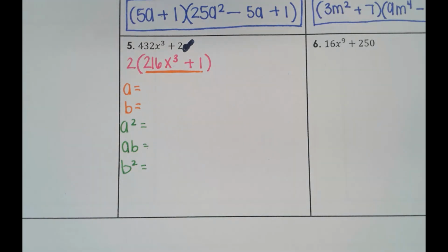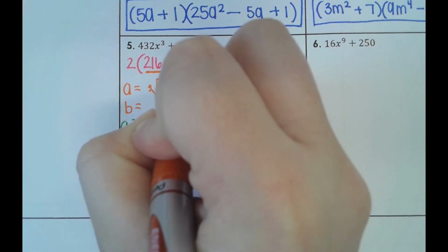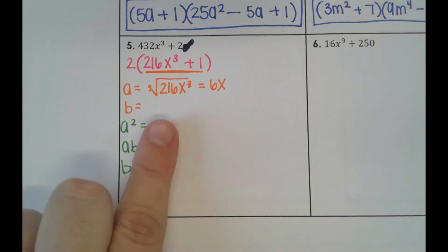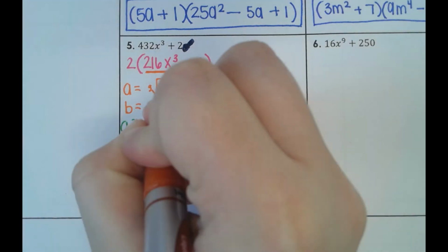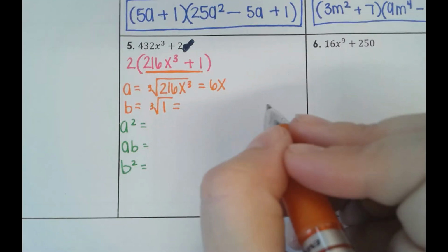So my A, that's the cubed root of 216x cubed, which is 6x. Now your b cubed, that's the cubed root of 1, which is 1.